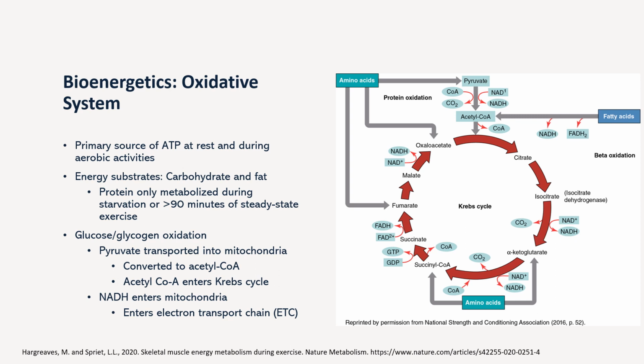So during the transition from rest to intense exercise, the substrate for increased aerobic ATP production is also muscle glycogen, and a small amount of the produced pyruvate is transferred into the mitochondria, where it is used to produce acetyl-CoA and the reducing equivalent NADH in the pyruvate dehydrogenase, or PDH, reaction.